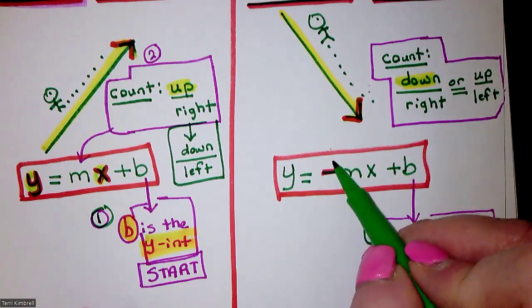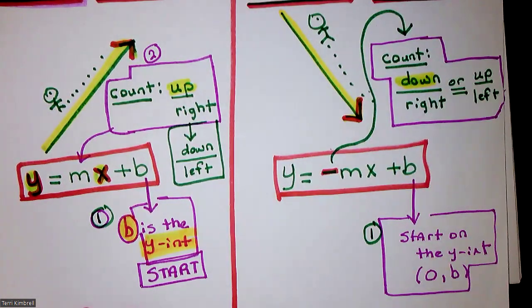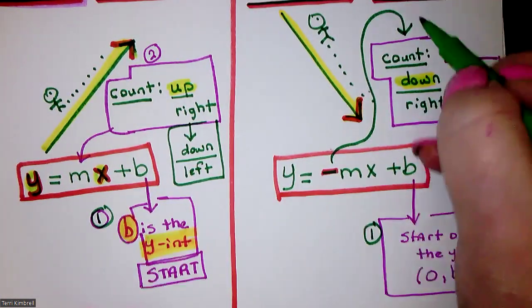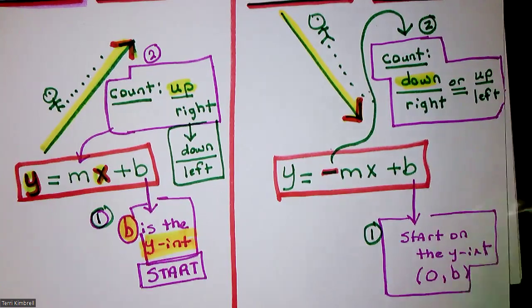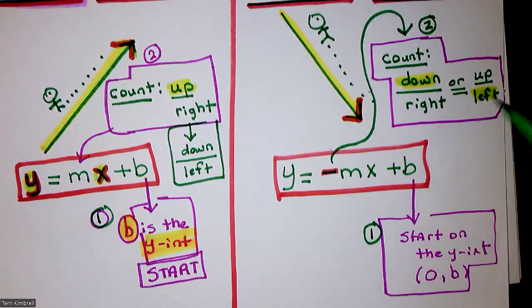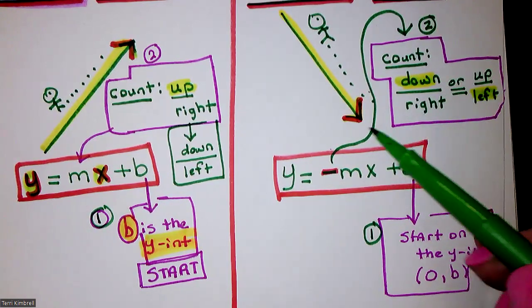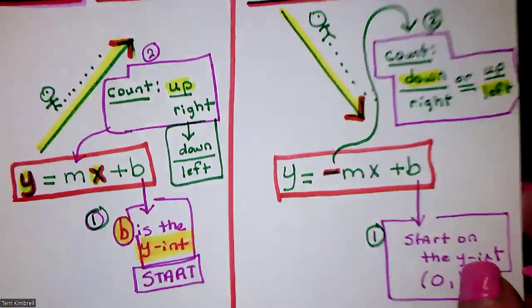After you plot your y-intercept, then you need to count from that point. So you're either going to count down and right, or opposite, up and left. So notice there's one negative move here, and there's one negative move here. So that would mean a negative over a positive is a negative, and a positive over a negative is a negative.